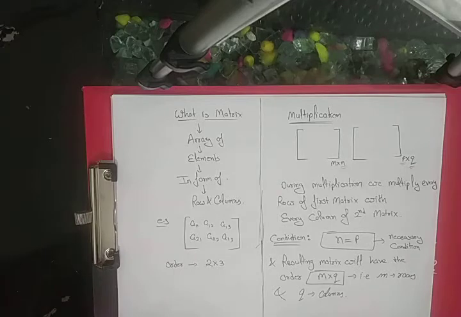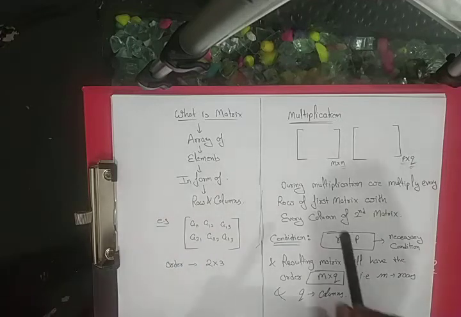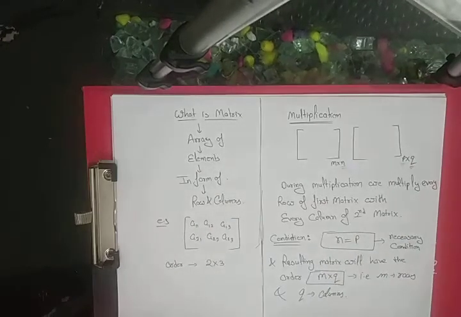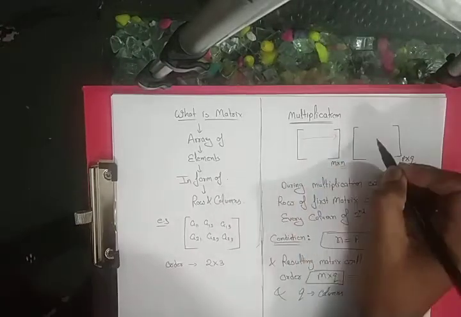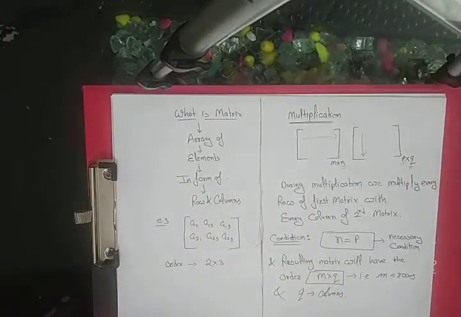Second, multiplication. There are two things about multiplication. Firstly, how we multiply. Secondly, what is the condition for multiplying. How we multiply is quite easy. We are just multiplying every row of the first matrix with every column of the second matrix, rows with columns. But what is the condition for that multiplication?